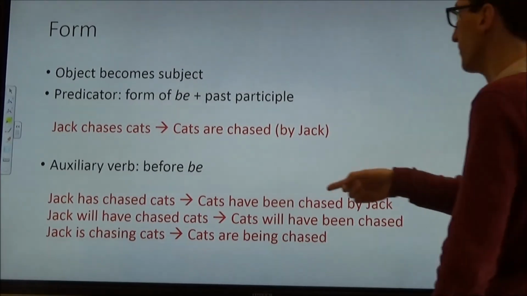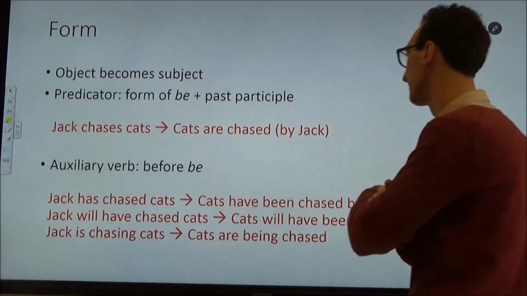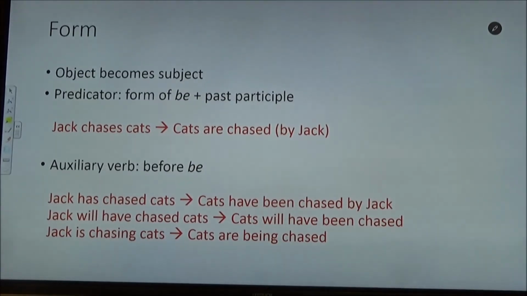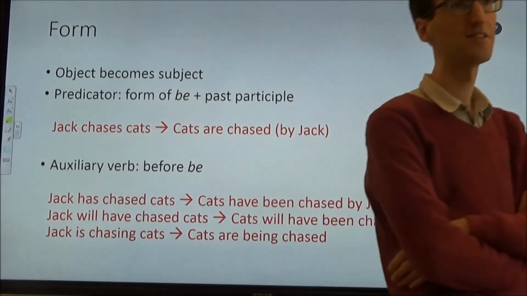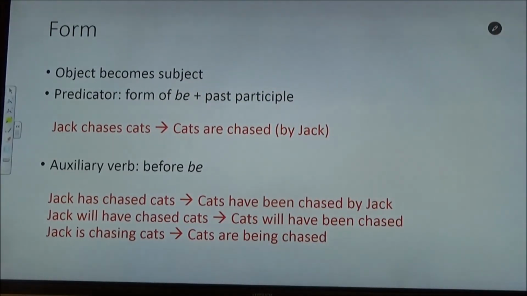Okay, let's look at this one. Jack has chased cats. Cats is the object, becomes the subject. Then an auxiliary verb. Yes, there is one. Has. Has is an auxiliary verb. So that comes next. Cats have.